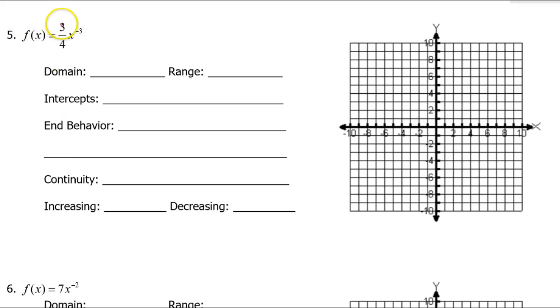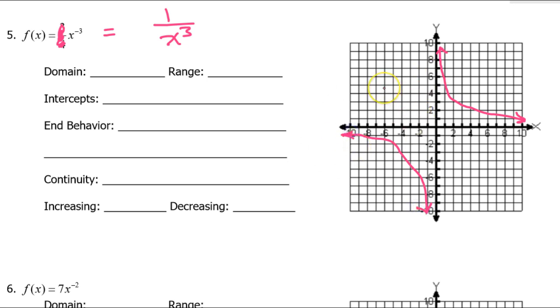Okay, so number 5, again, ignoring the 3/4, I have x to the negative 3 power, which is the same thing as 1 over x to the 3rd power. Okay, so that's just going to be the usual branches, just like 1 over x. When it's odd, changing the exponent doesn't really change the shape of the graph.